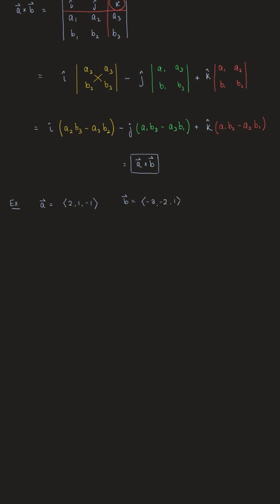To form the cross product of A and B, I'm going to use the determinant to do this. So the first row will still be i hat, j hat, and k hat. The second row will consist of the components of A, 2, 1, and negative 1. And the third row will be the components of B, negative 3, negative 2, and 1.